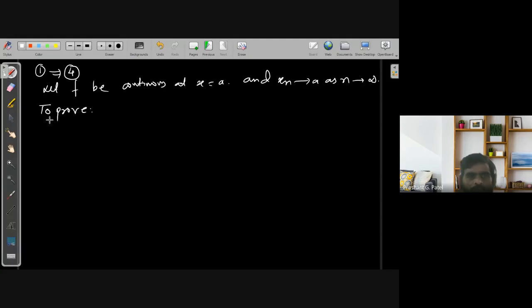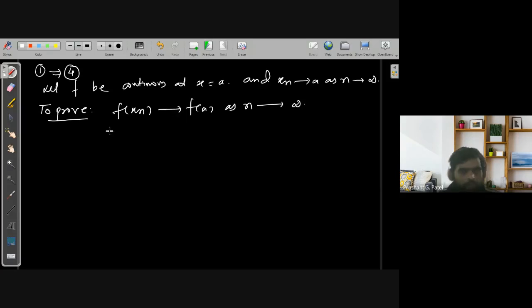What to prove? We have to prove that f of xn converges to f of a as n tends to infinity. So this is our objective. What is the definition of convergent sequences?